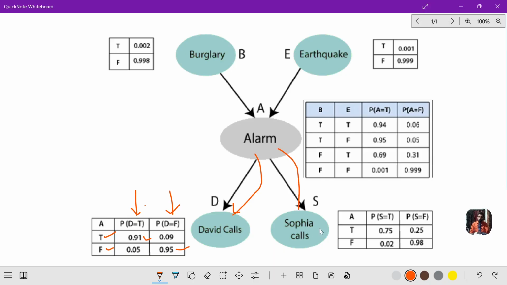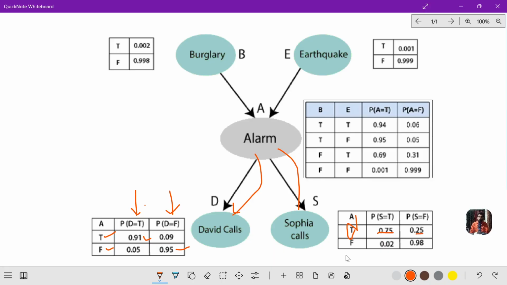Now Sophia: again remember, this variable Sophia depends on the alarm. What is going to happen when the alarm is true? The probability that Sophia calls is 0.75. Now when the alarm is true, how much probability is there that she does not call?